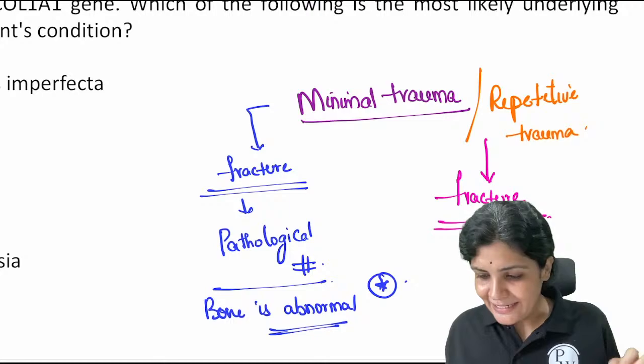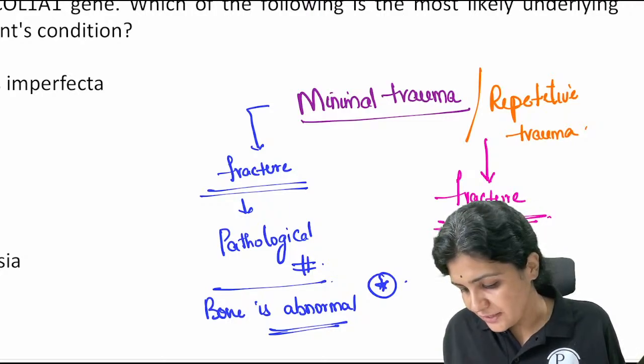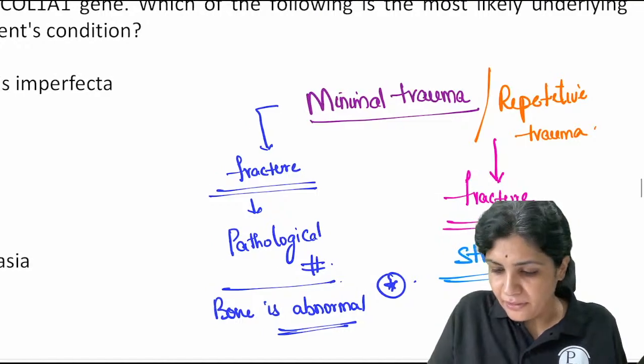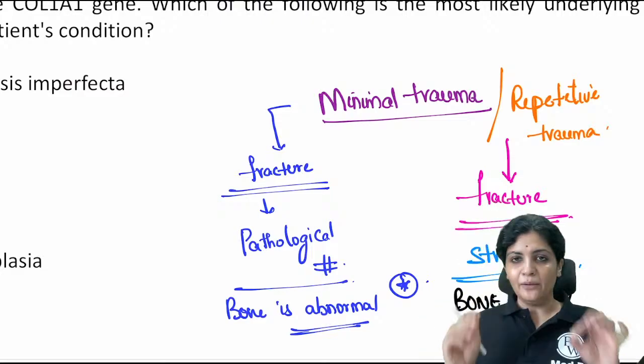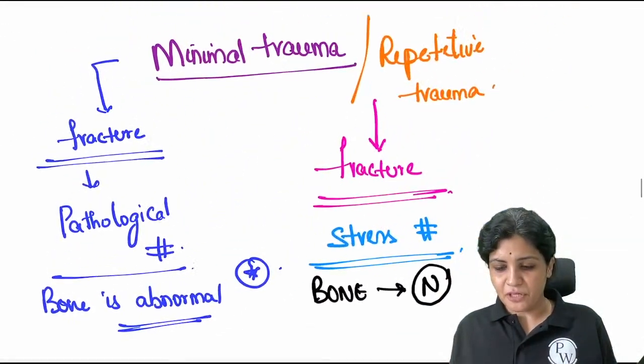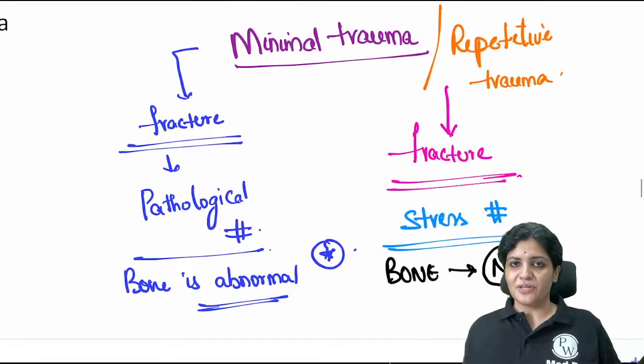Yes, very good. It is a stress fracture. And please remember here the bone is absolutely normal. Very important concept which you have to remember to diagnose between your pathological fracture and a stress fracture.